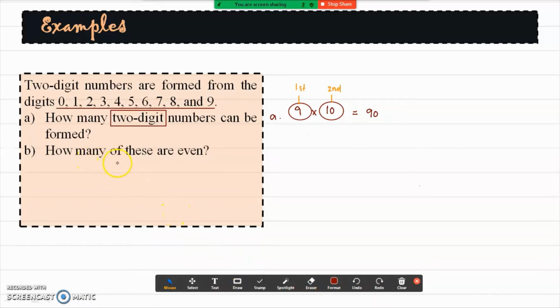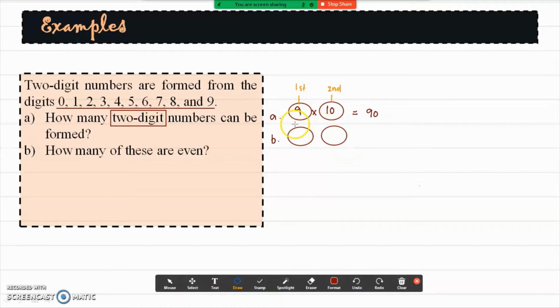Now question B. How many of these numbers are even? We are still referring to the two-digit numbers formed out of the given digits, but this time we are asked how many of them are even. Still applying the fundamental counting principle, we'll make use of our circles.